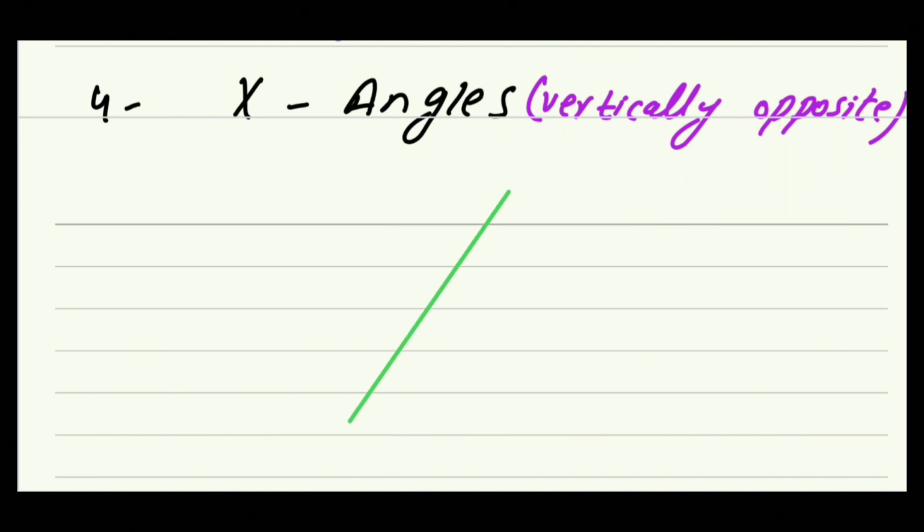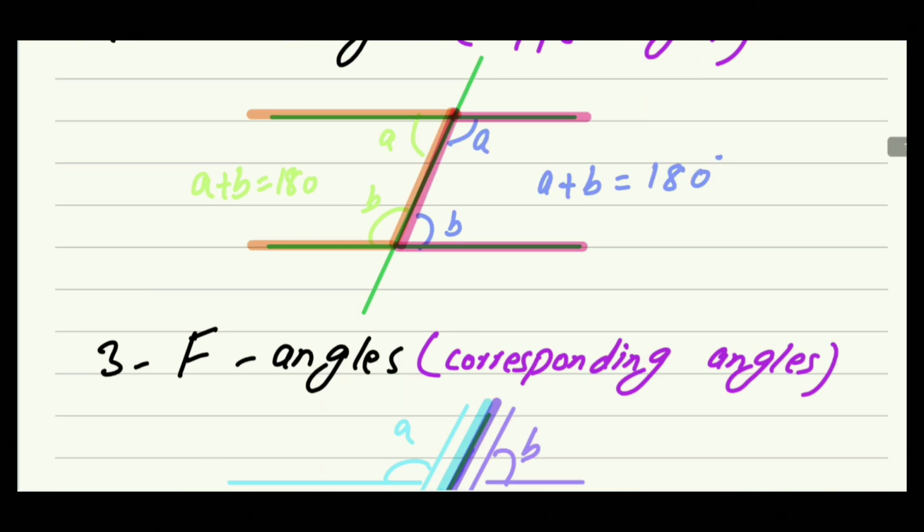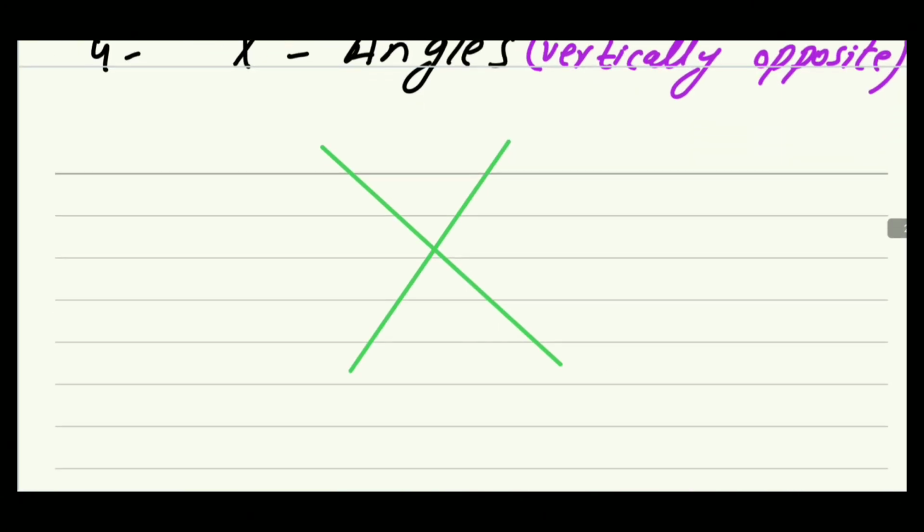If two lines are intersecting each other like that, this property is different from the other three because these lines should not be parallel.